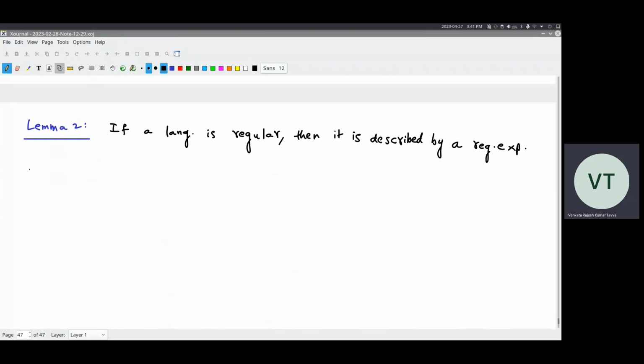Okay, so what is the proof idea? If you have a regular language, then it means you also have an NFA or DFA for that corresponding regular language. So if you can convert this NFA or DFA into a regular expression, then you have proved that each regular language also has a regular expression. Okay.